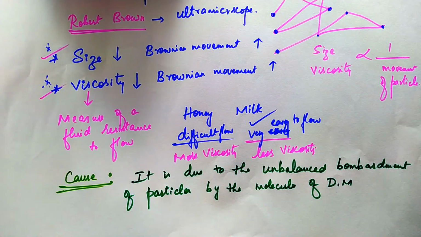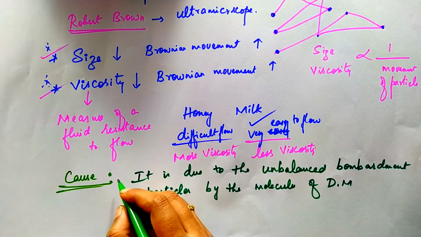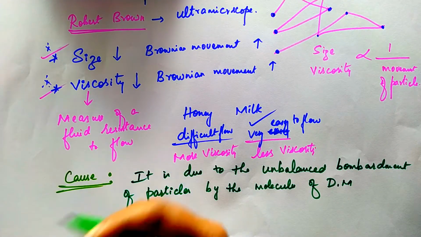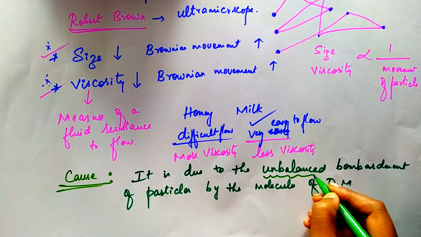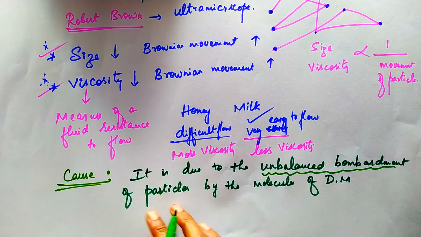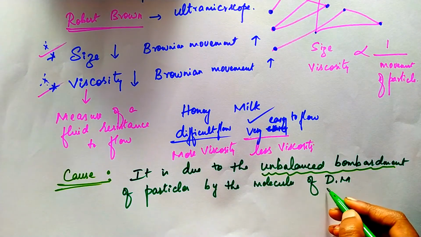This is an important point. What is the cause of Brownian movement? It is due to the unbalanced bombardment of a particle by the molecules of the dispersed medium.